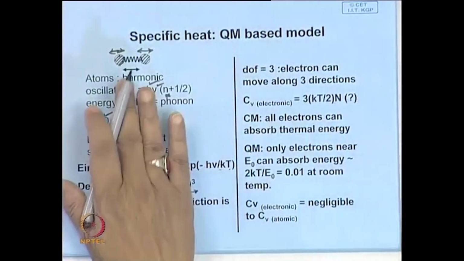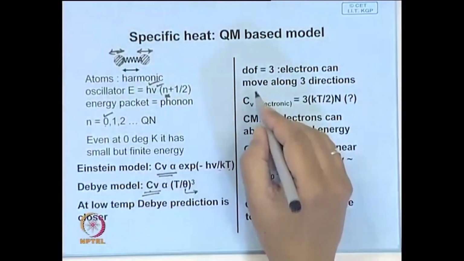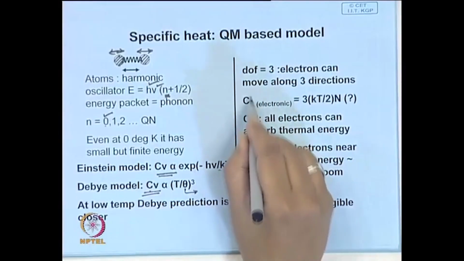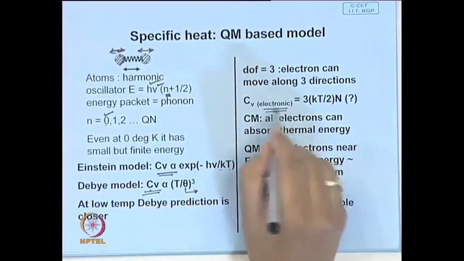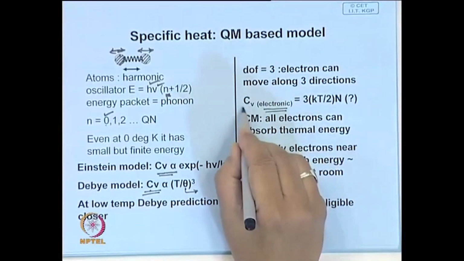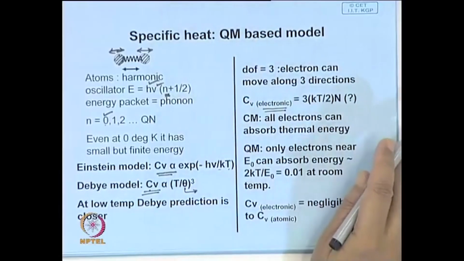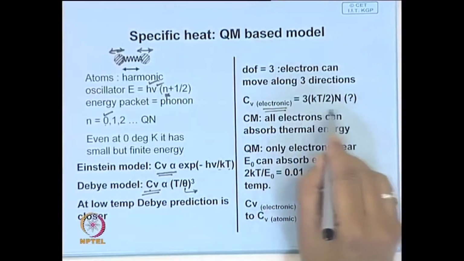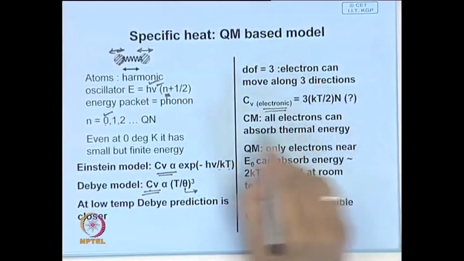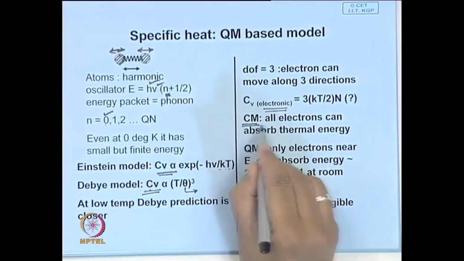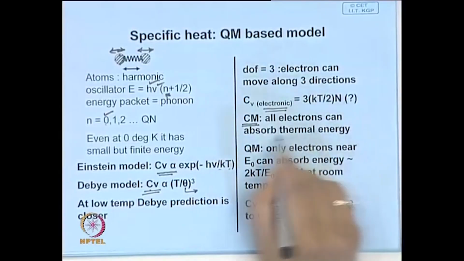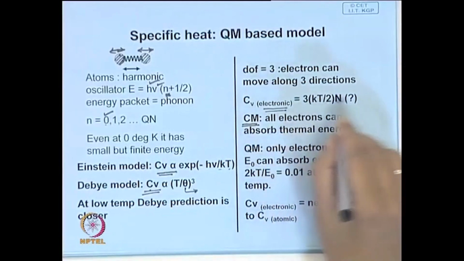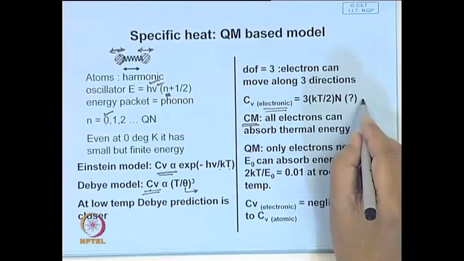If we apply this to free electrons, that means to find out the contribution of free electrons in an atom to the specific heat, and you go through this calculation which was explained in the last class, you will find that if you follow classical mechanics, that means all electrons can absorb thermal energy, then the electronic contribution comes out to be very large.